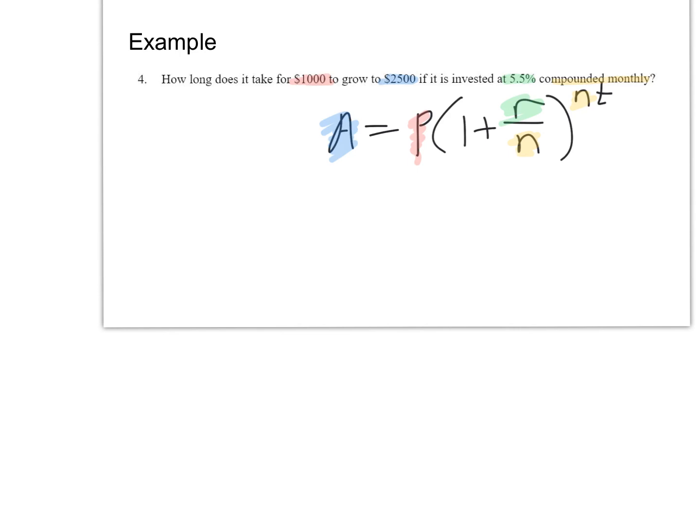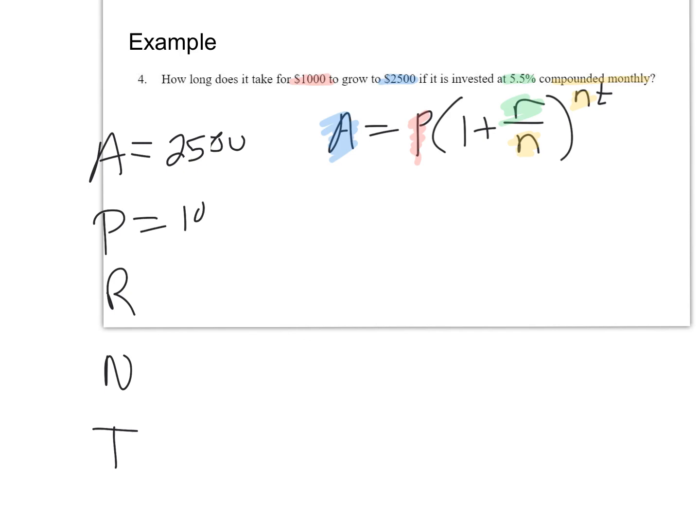Okay, so A, P, R, N, T. So my A value is 2,500. Our principal is 1,000. Our rate 5.5, so as our decimal is 0.055. Compounded monthly is 12. In time, I don't know.